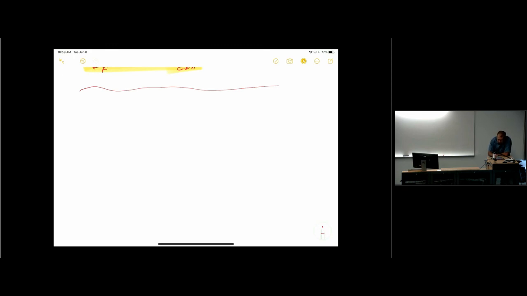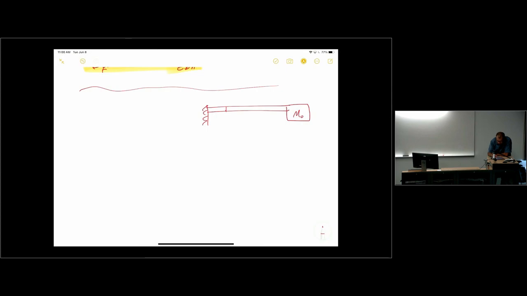So this is the structure we want to analyze. So I have the proof mass here, so some m naught. I'm going to ignore the mass of the cantilever for this problem. So the thickness is h, and it's of course a 3D structure, so let's say this width is b, and the length is l, right? And the acceleration is applied here.